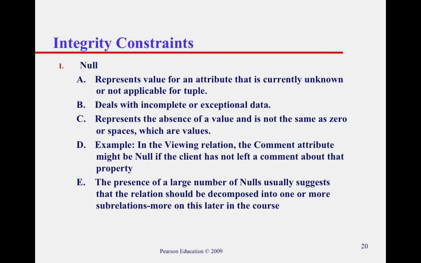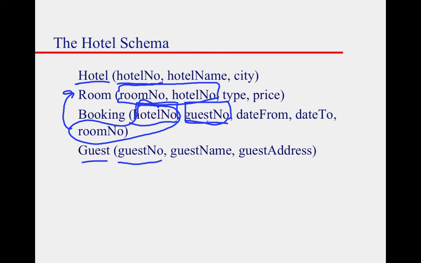Okay? Then there were relationships which I've kind of skimmed over, but just so you know, there are actually 3 entities in our hotel database. They are hotel, room, and guest. And technically, booking is what we call a relationship. So we say that a guest books a room in a hotel.